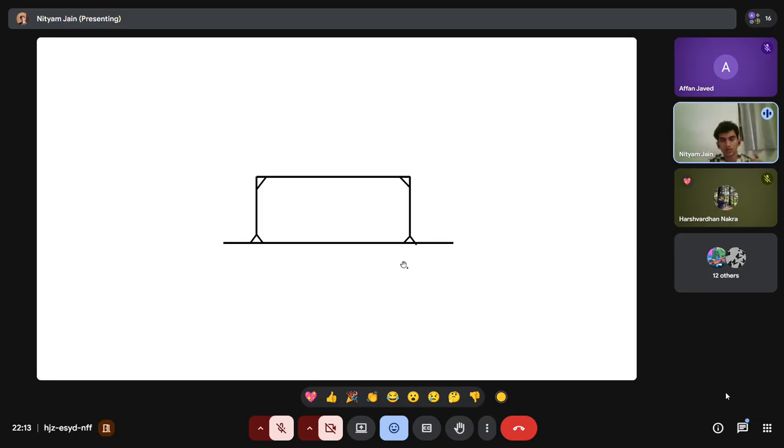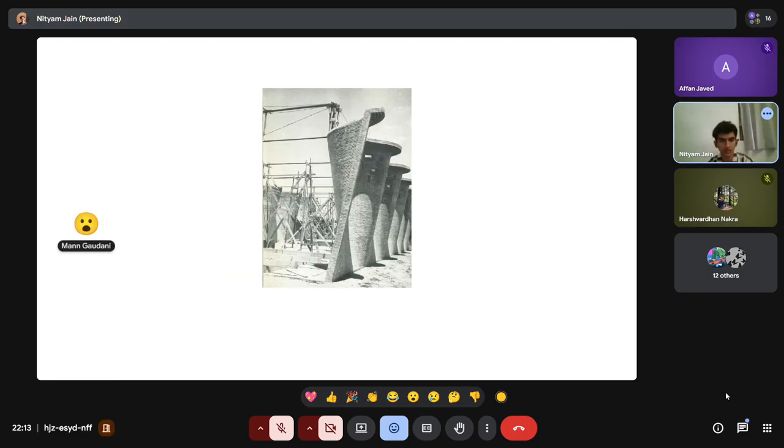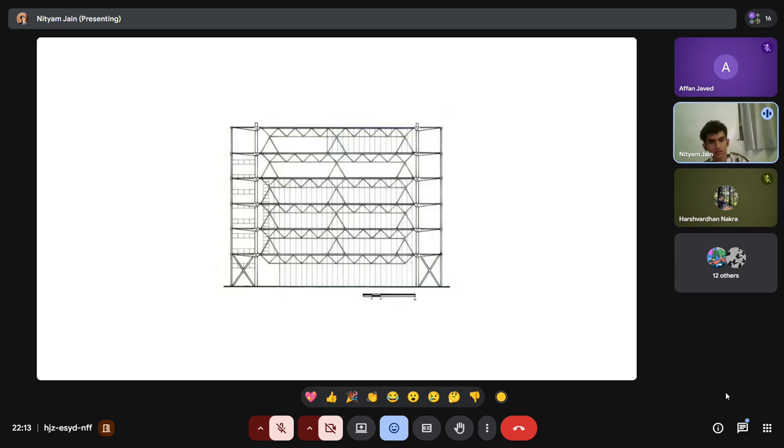Even if there's rotation allowed at the bottom, as a system, no deformation can happen. So because of this understanding, one can literally have this thin member at the bottom, and still it can be stable. So these sort of things were there.